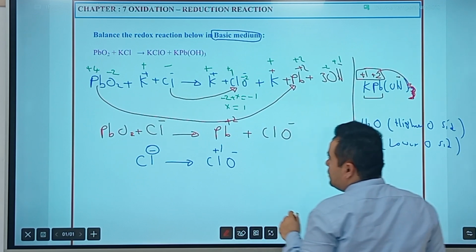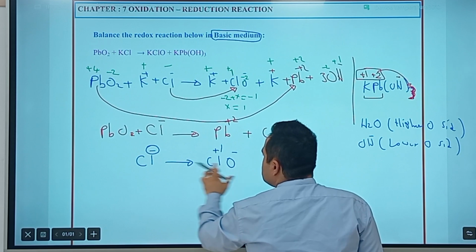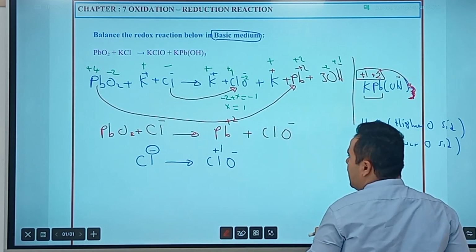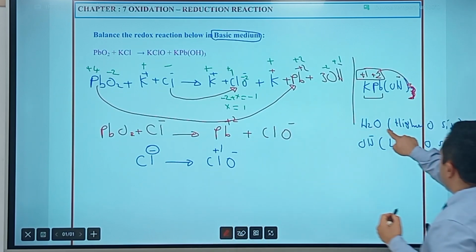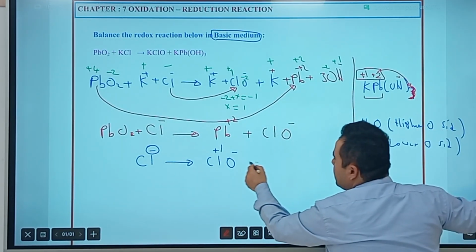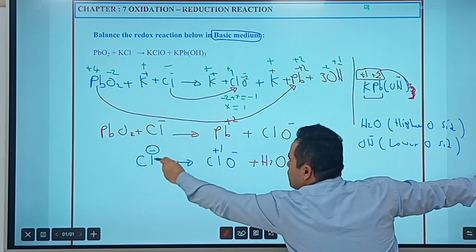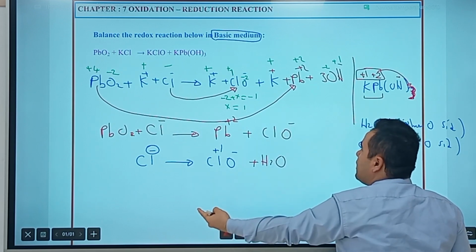This is oxidation. In terms of the atoms, do we have a difference in oxygen number from reactant to product? Yes, of course. Here is 0, here is 1. Add H2O to the higher side. How many H2O? Equal to the difference of the oxygen between reactant and product, 1. How many hydroxide must be added to the other side?